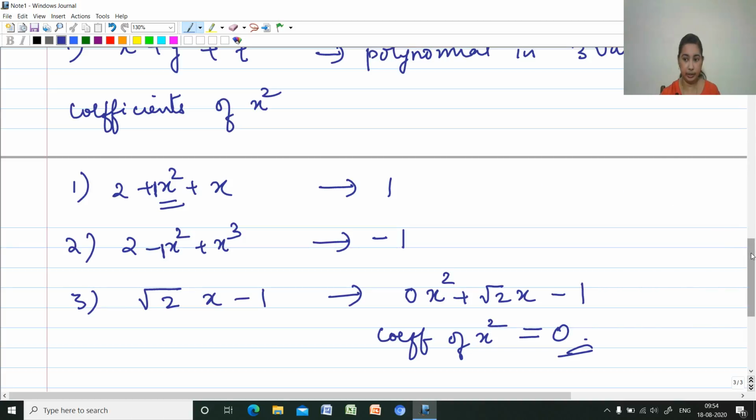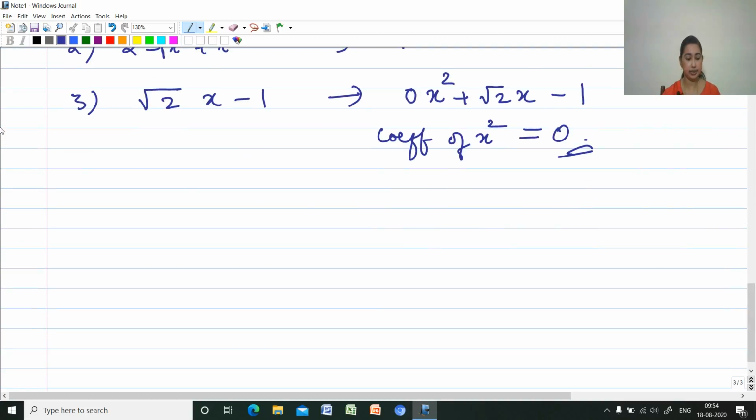Then there are some more questions. Third question is give one example of a binomial of degree 35. Binomial means you should write two terms. In order to write a binomial, it should consist of two terms, and also it is told that the degree should be 35. So the highest power should be 35.